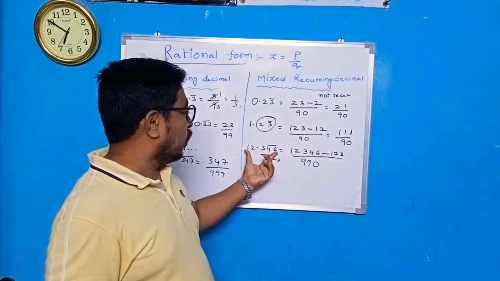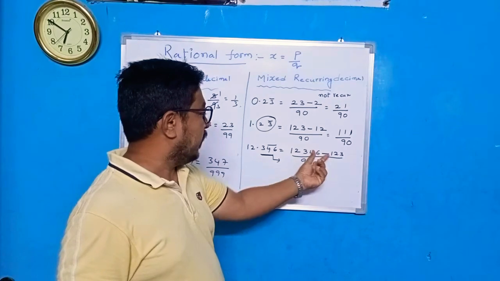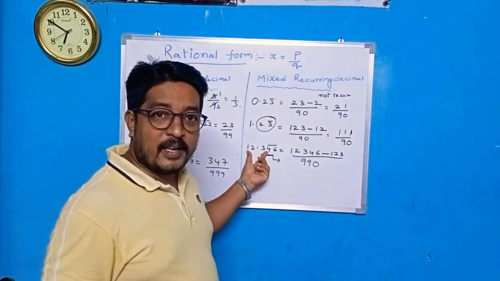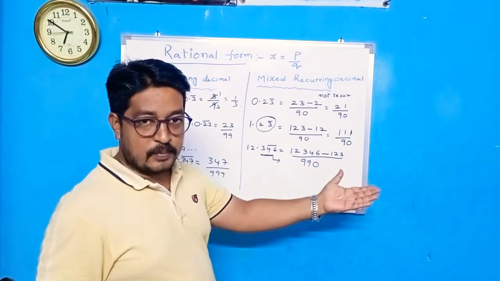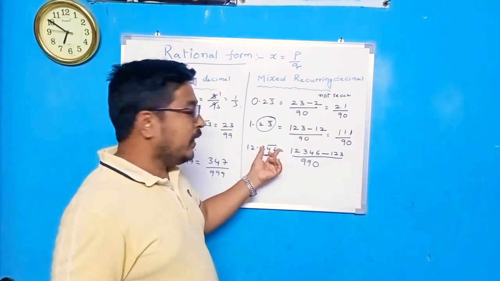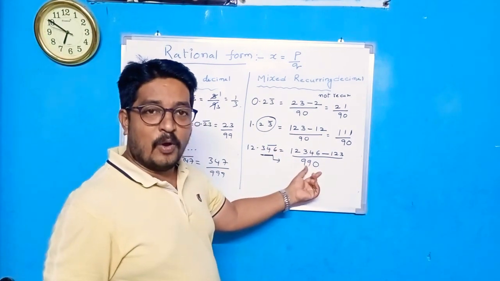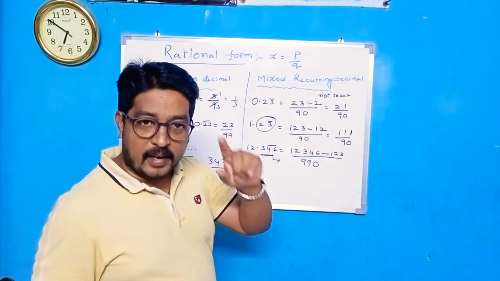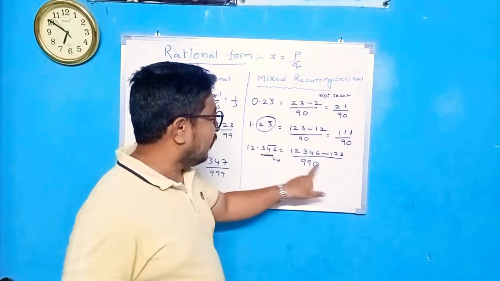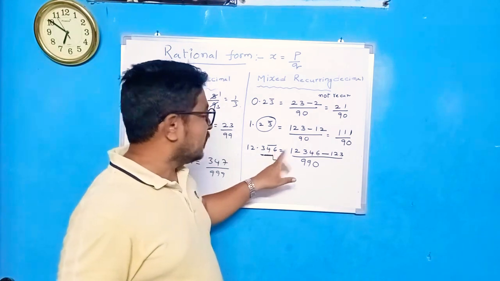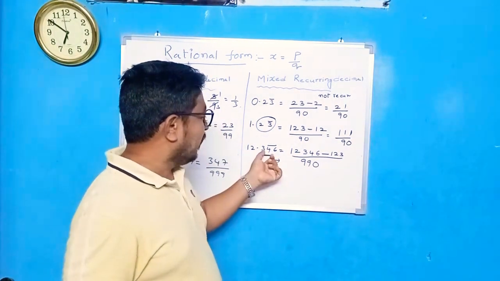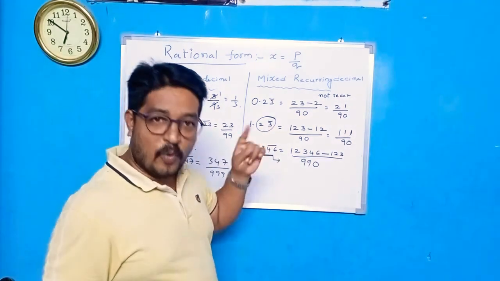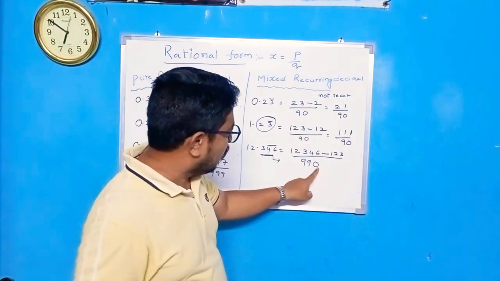First of all, write the total digits 12346 minus the not recurring digits, total part 123. Remove the decimal. Next, for the denominator, for recurring write nines, for non-recurring write zeros. 2 digits recurring, write 2 nines. The non-recurring digit is 3, that is 1 digit not recurring, so 1 zero.